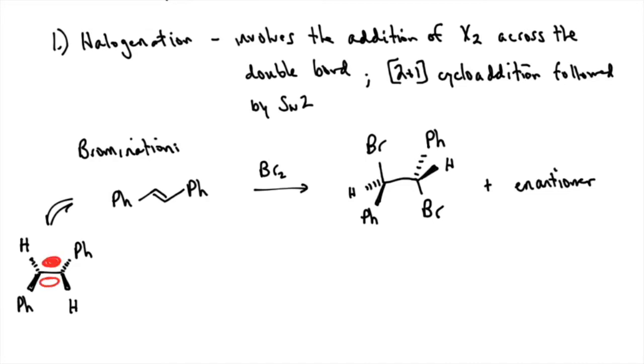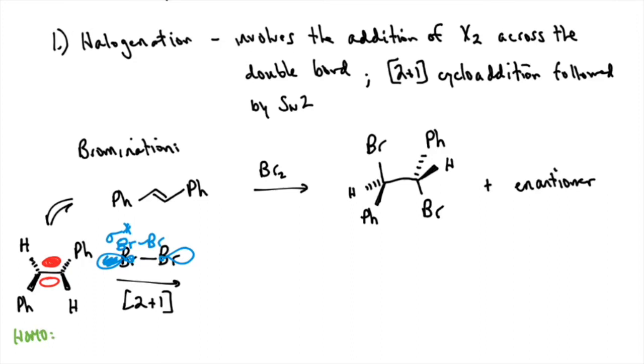We have this pi system here above and below the plane, and as the bromine adds, it's going to add in a 2+1 cycloaddition. We have a sigma star bromine-bromine bond. That's going to be our LUMO. And our HOMO is going to be the pi CC.